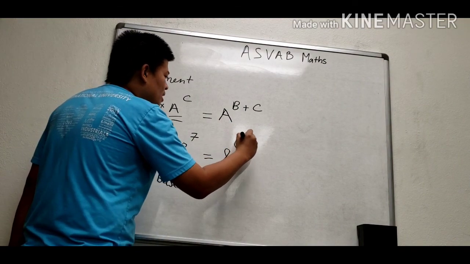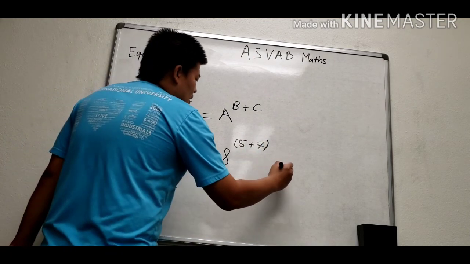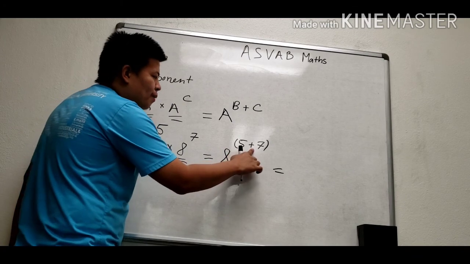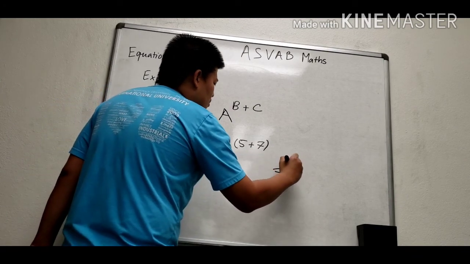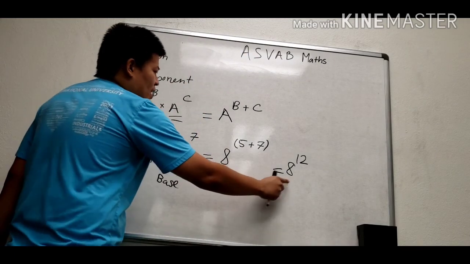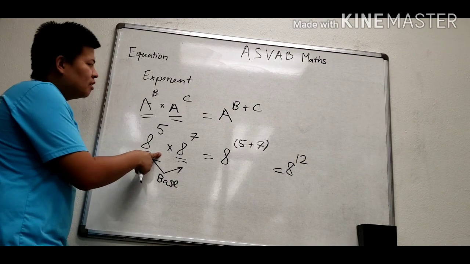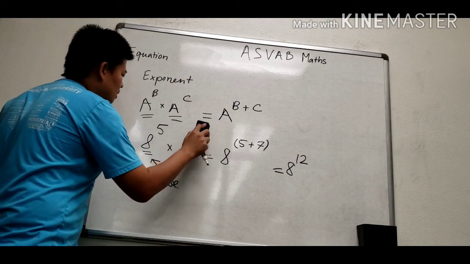We put 5 plus 7, which is 12. So the answer in the ASVAB is a power 12, if we have multiplication in here.